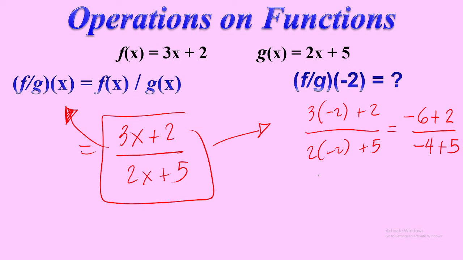So this becomes negative 4 over 1, which is equal to negative 4. So that will be the value for our division of the functions.